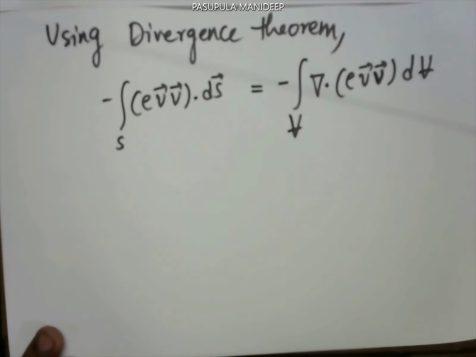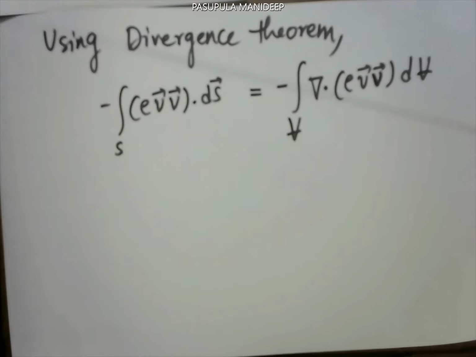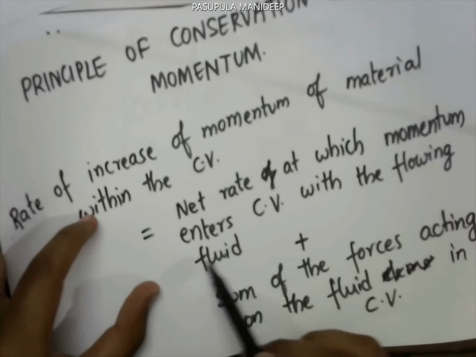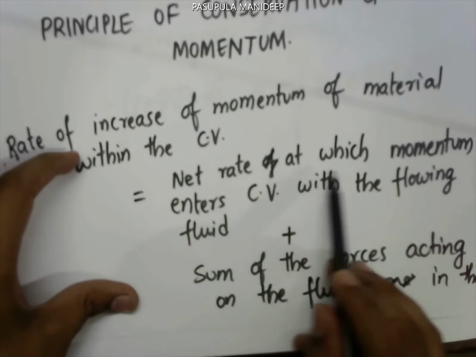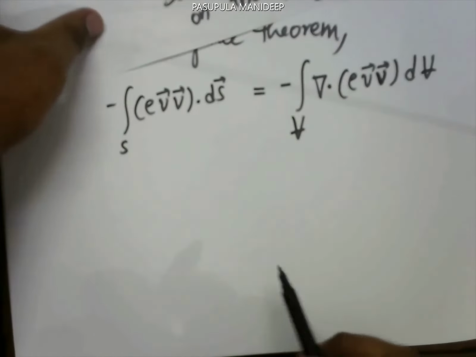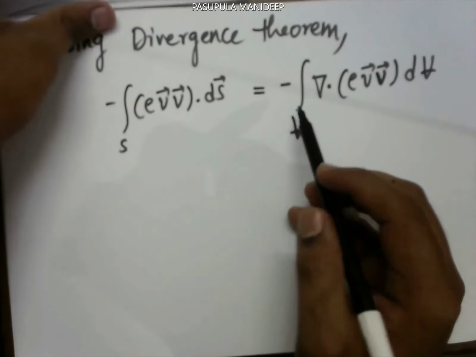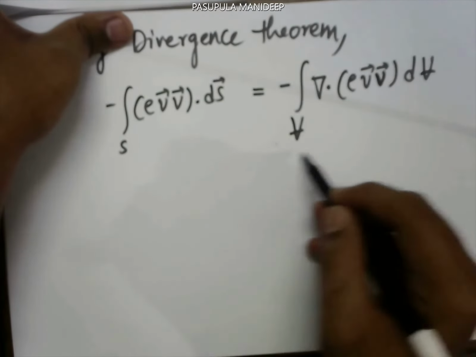So we also got the first term of the RHS, the net rate at which the momentum enters the control volume with the flowing fluid. That rate is nothing but this expression.